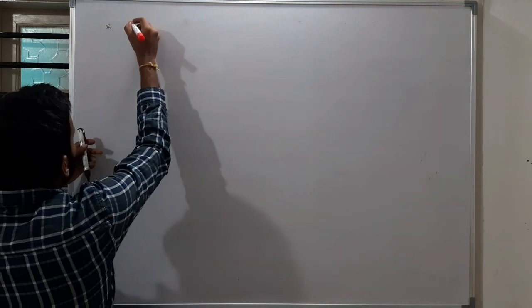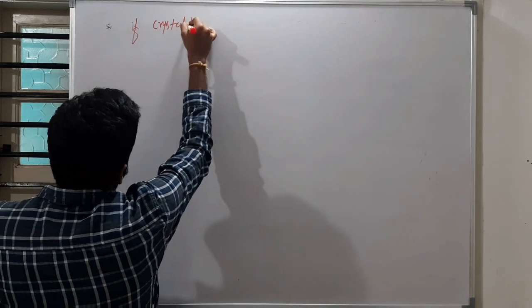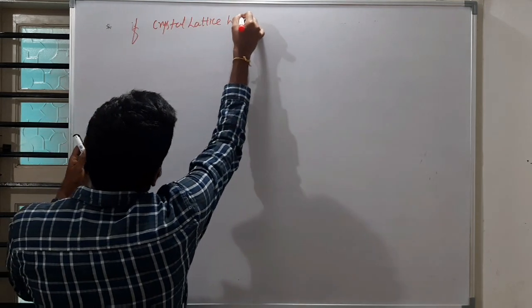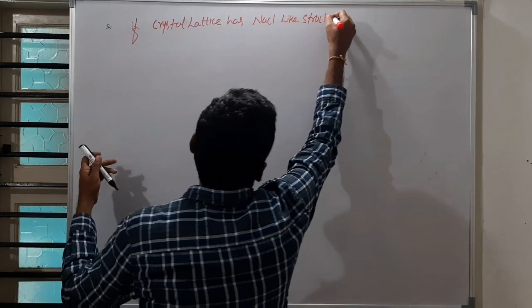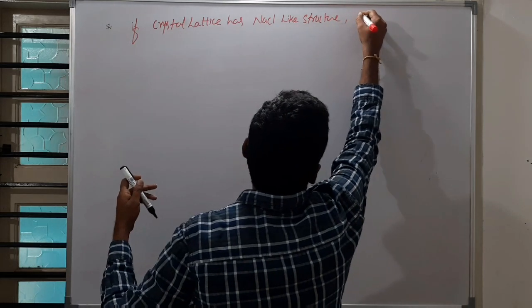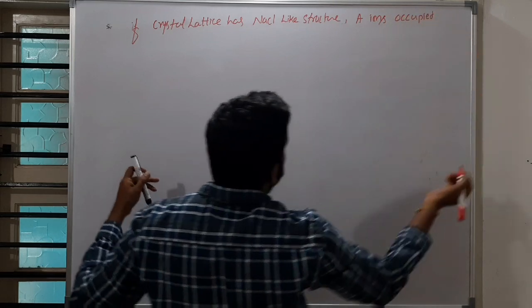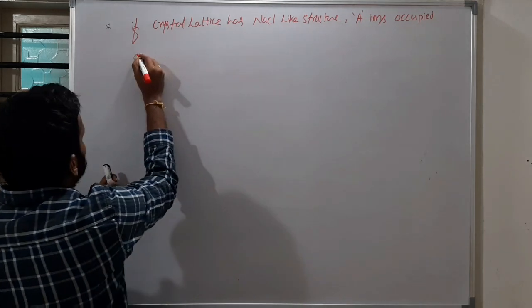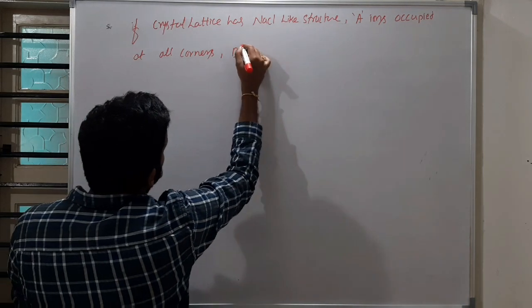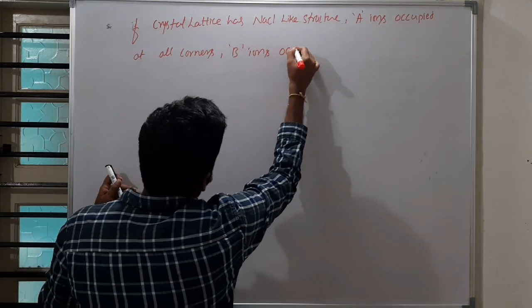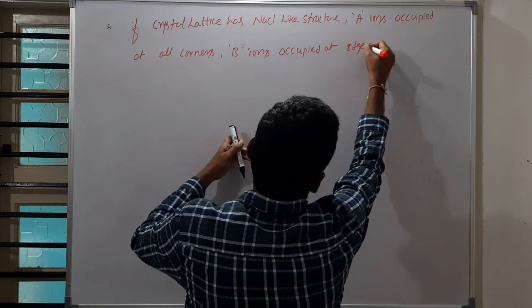If a crystal lattice has NaCl like structure, and A ions occupy all corners, and B ions occupy edge centers.